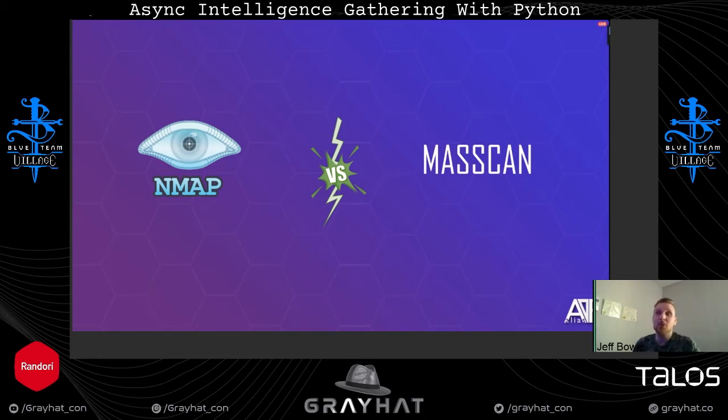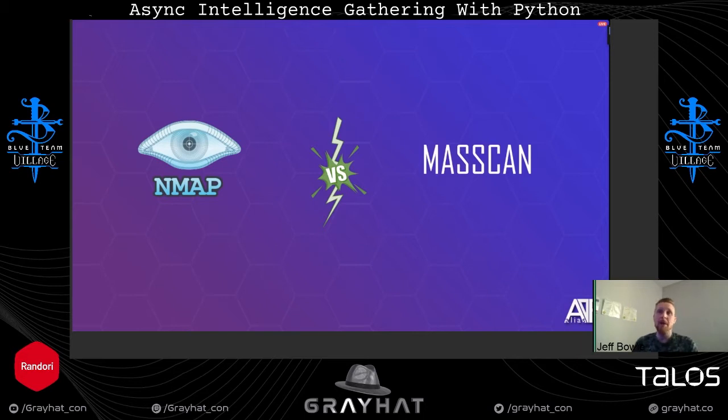It's ultra important. And Masscan, some may be less familiar with Masscan, but essentially, Nmap does your synchronous port scanning. Masscan does it asynchronously. So the only disadvantage of the speed increase with Masscan is that your accuracy suffers.